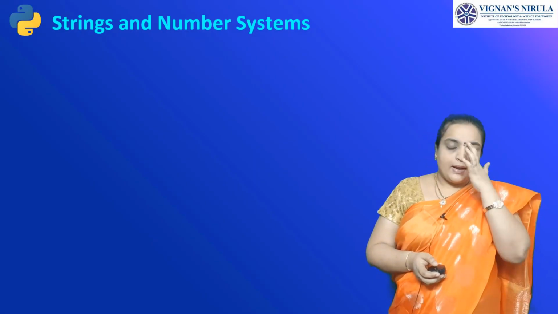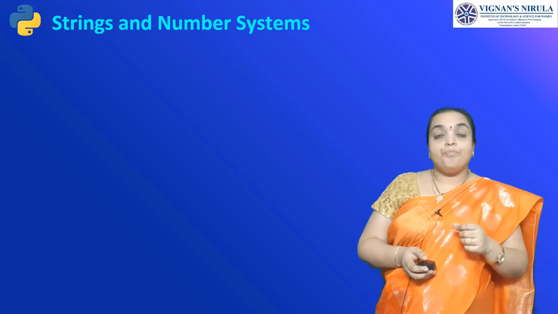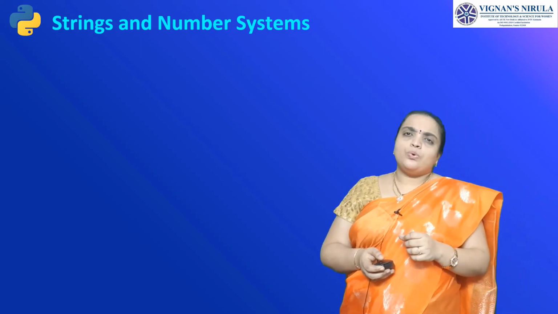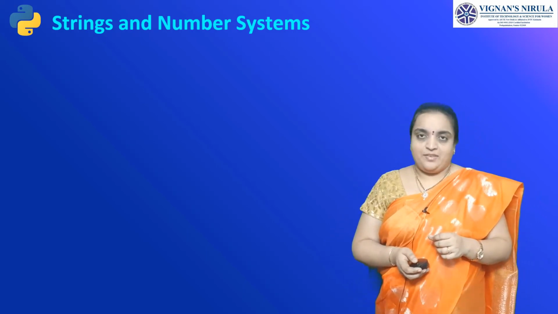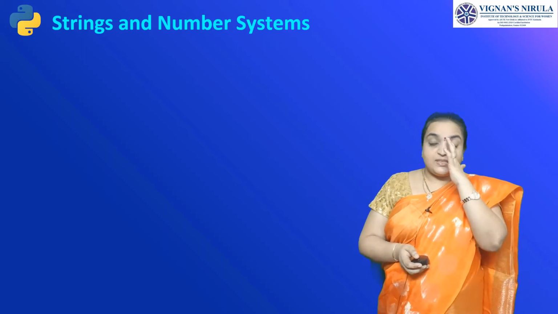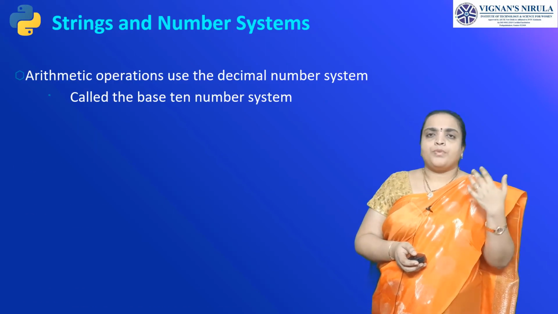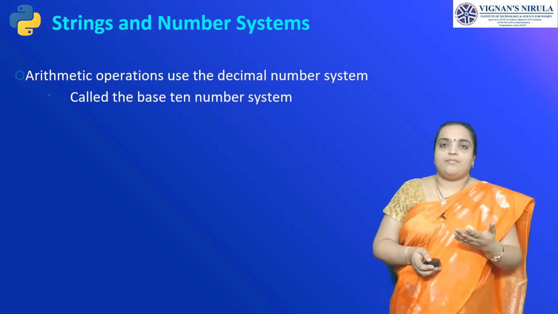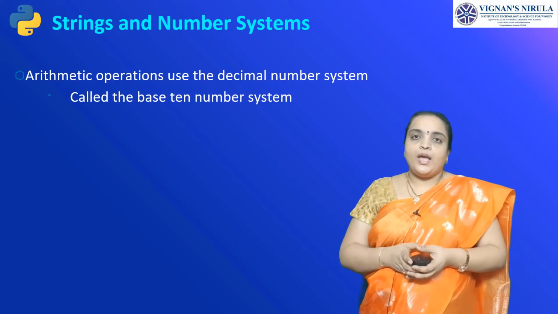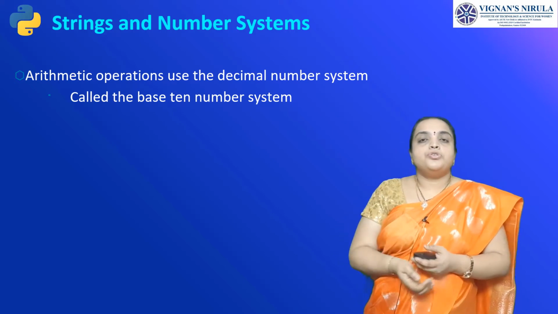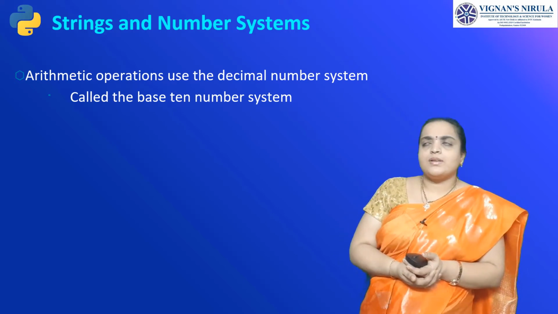Then coming to strings and number systems. As you all know the number system very well: binary to decimal, decimal to binary, base, octal number, hexadecimal number. All the arithmetic operations usually use what type of numbers?